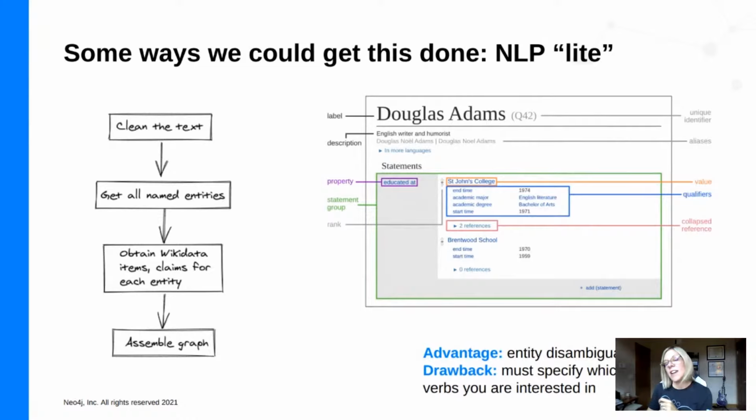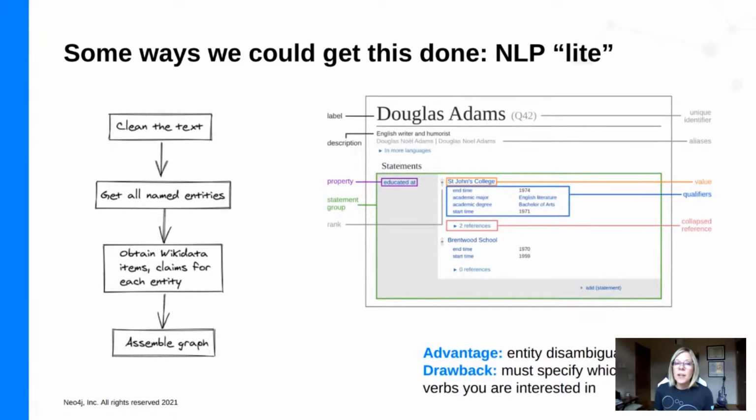So hang on a second here. I've got Douglas Adams, educated at St. John's College. I've just assembled my triple right there. That's pretty cool. That's nice and efficient. And I don't have to do anywhere near the NLP cleaning. I don't have to do this verb to noun attribution. This is a really nice, convenient way to do it.